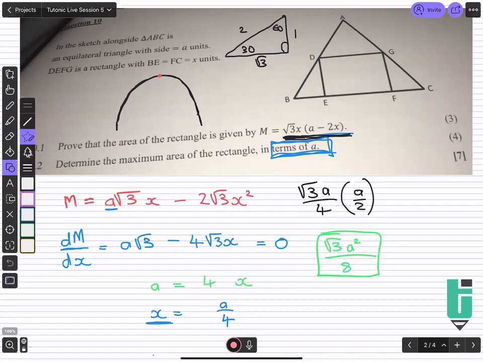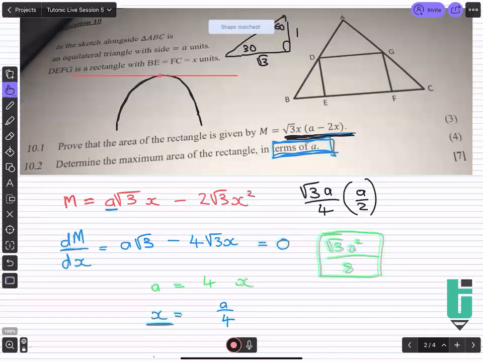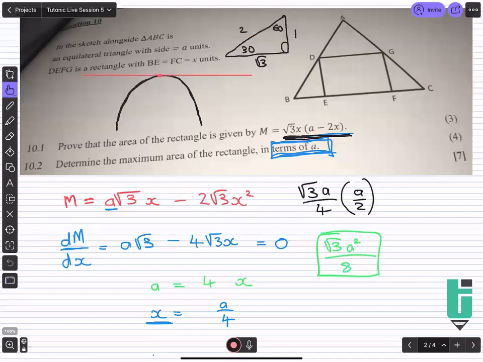Do you know that rule which says the gradient of the tangent is the same as the gradient of the graph at the point of contact? Have you come across that rule? Yeah. So the gradient of the tangent is the same as the gradient of the graph. So do you agree that at the turning point of a function, the tangent is a horizontal line, right?